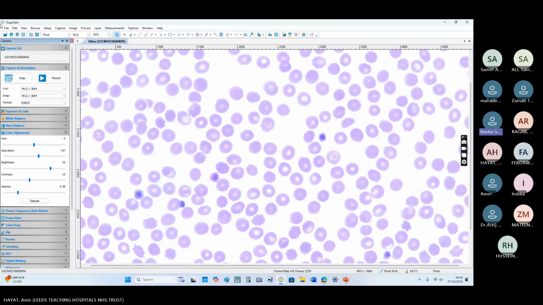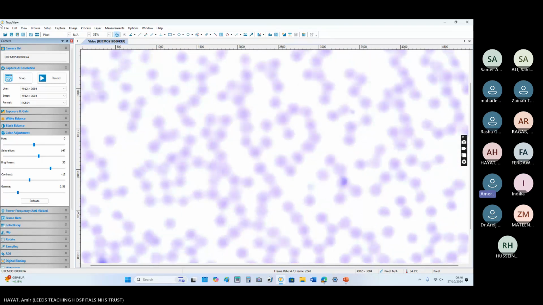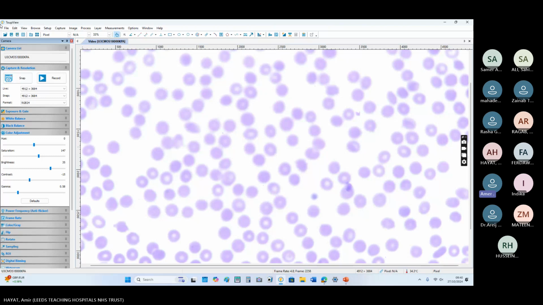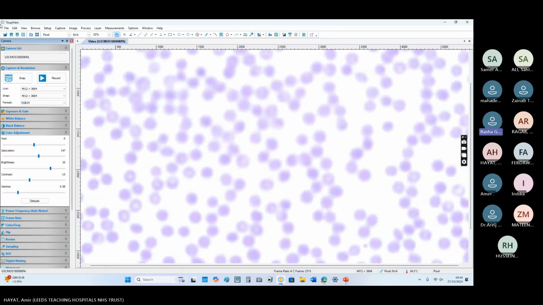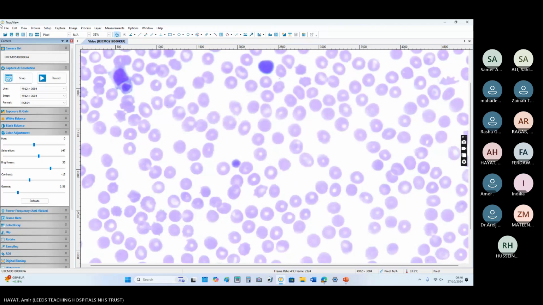Okay. So you are seeing large platelets here. Yes. Is this related to the patient bleeding or not? Yes, yes, maybe. What do you mean, maybe? Platelet function test we need, I think.